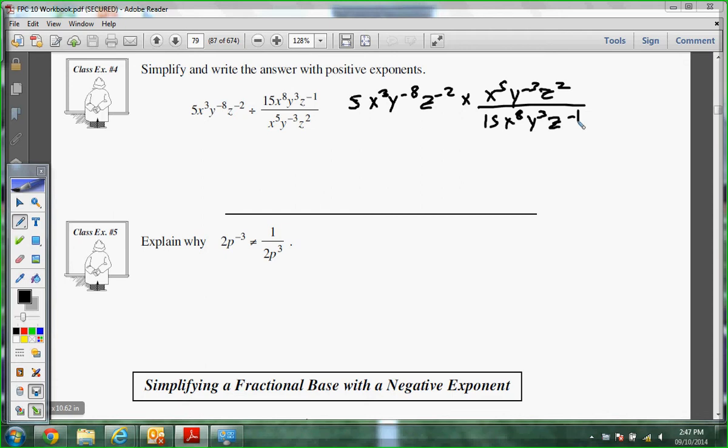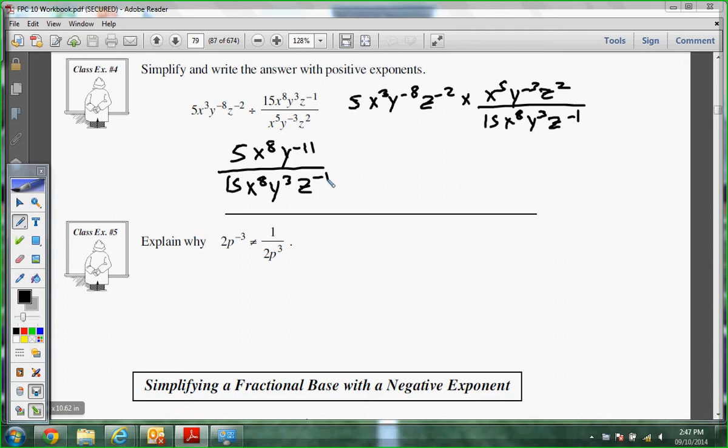Okay, so x3 and x5 make an x8. So I have 5x8 on top. Y negative 8 and negative 3 make a negative 11. Negative 2 and 2 cancel, so the z's are gone. The bottom is still 15x8, y3, and then z to the negative 1.